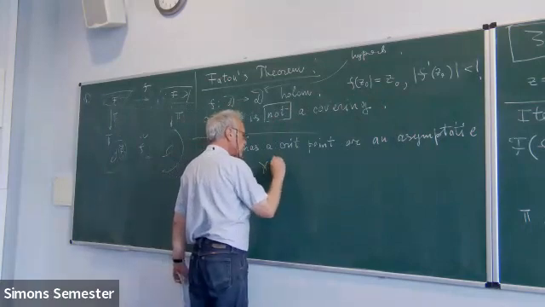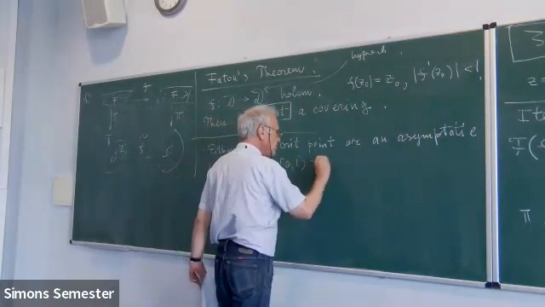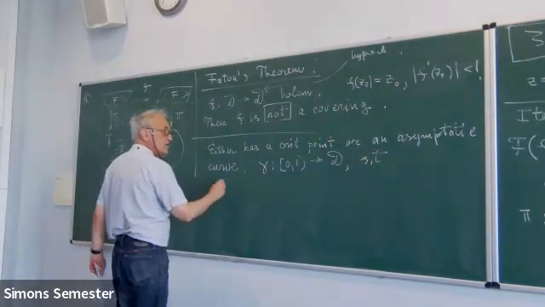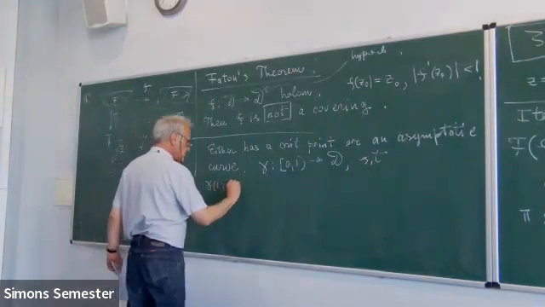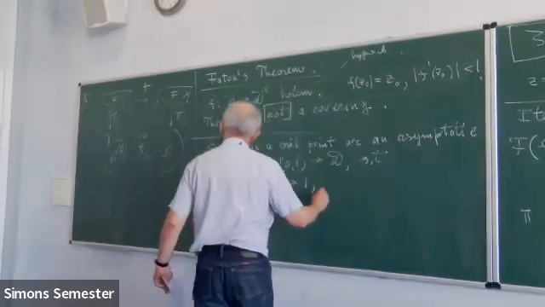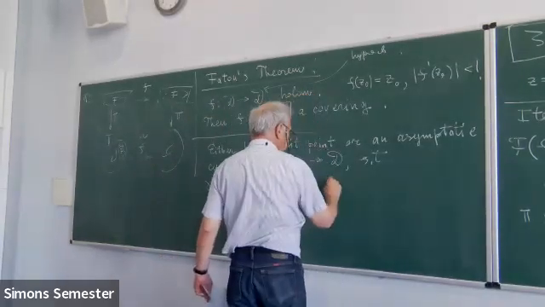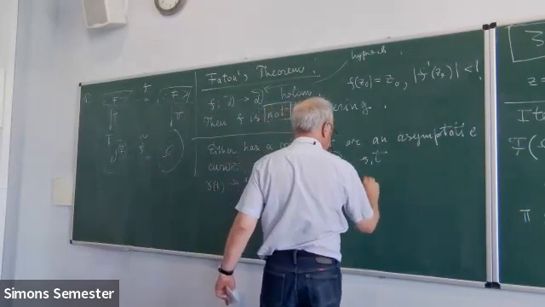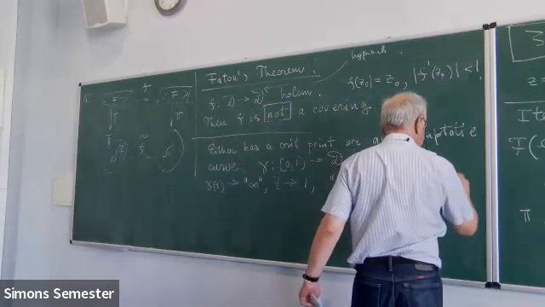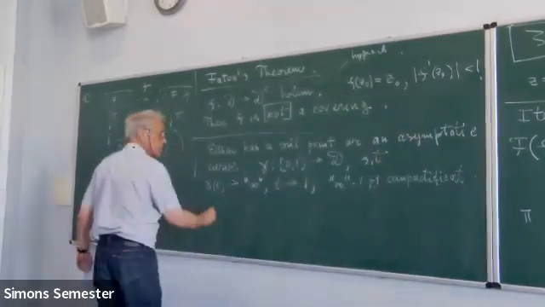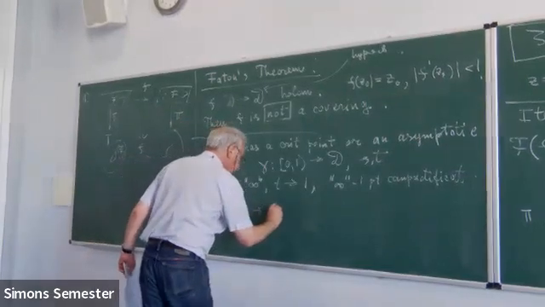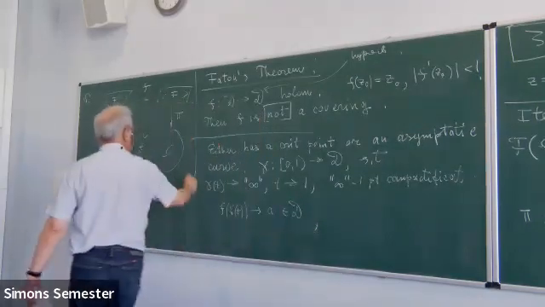It's a continuous curve gamma from 0,1 to D, such that gamma escapes from D, where infinity is the added point of the one-point compactification, but f of gamma has a limit, which belongs to D. So this is the definition of asymptotic curve.